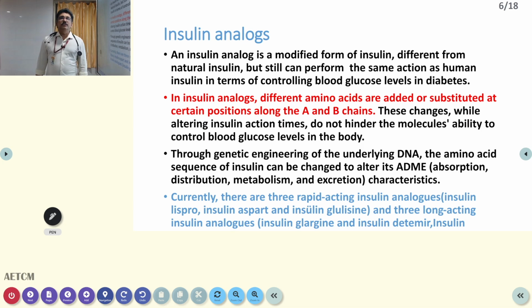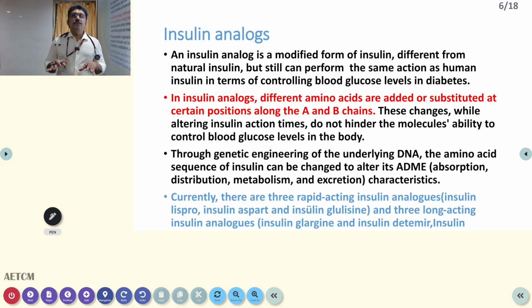Now, analog insulins, that is very important. We have already seen analog insulin means a different amino acid is added or removed at certain positions along the chains of the insulin. We are adding or removing an amino acid from the chains of insulin.